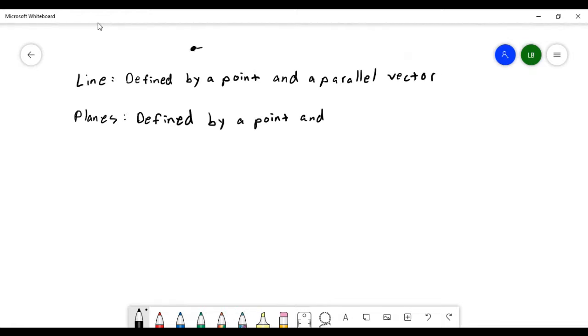So we just needed a starting point and then something to tell us which direction to go in, and we could just stretch that out infinitely. With a plane, we need almost the exact same things, except instead of a parallel vector, we need a perpendicular vector.